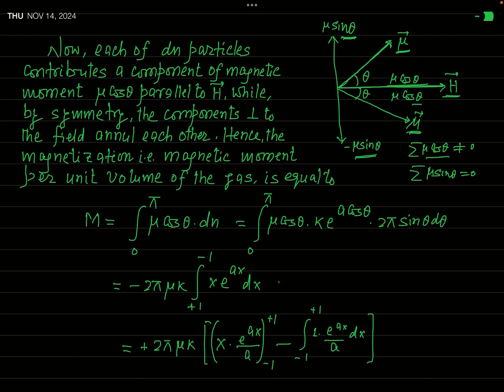I have shown only two dipoles, but there are a large number of dipoles. For each dipole, the component along H will get added up, but the components of their magnetic moment perpendicular to the field will cancel one another.